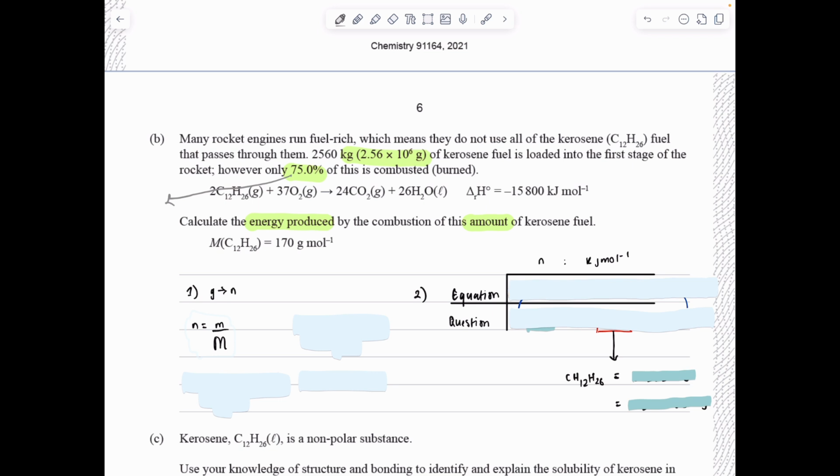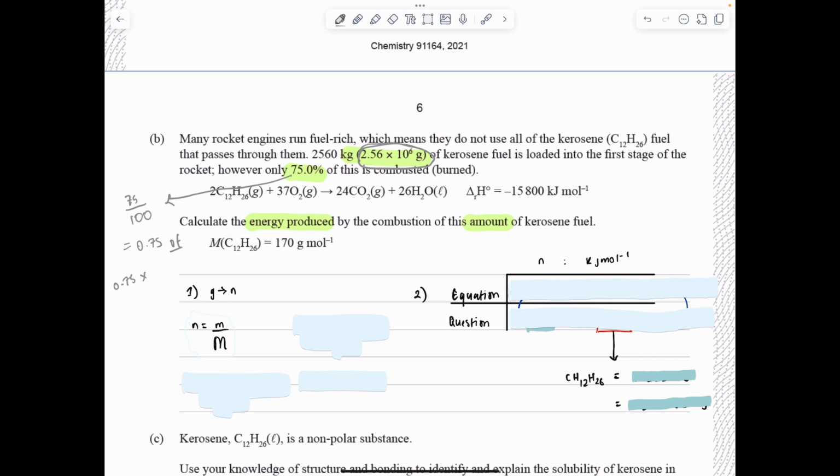This is what we do in maths. 75 percent means out of 100, so that becomes, as a decimal, 0.75. 75% of is the key word, of this value here, is going to be converted to 0.75 times.